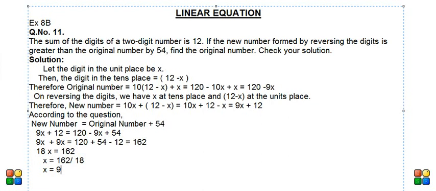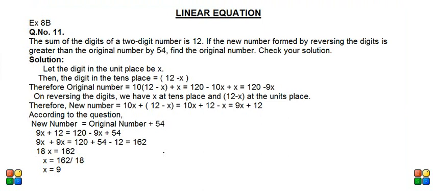What assumption did we take initially when we started this question? See here, let the digit in the unit place be x. So the value you got, x equals 9, is your unit place value. Don't forget this, it's the unit place value, right? I'm just going to mention it on the other side of the same board.